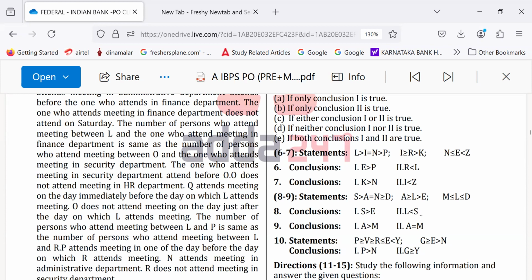Similarly, if you find L and S, we have to worry only about this statement and this statement. Do not worry about the other statements.